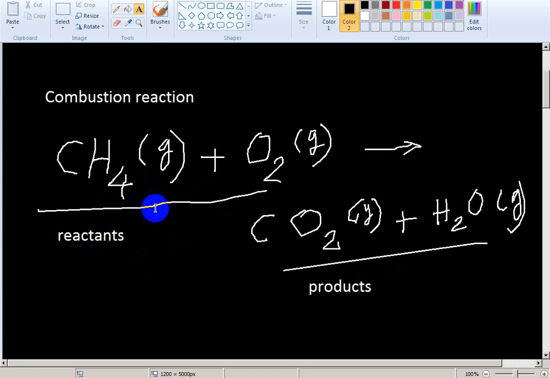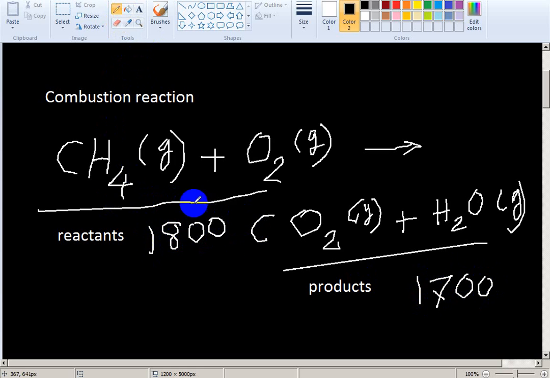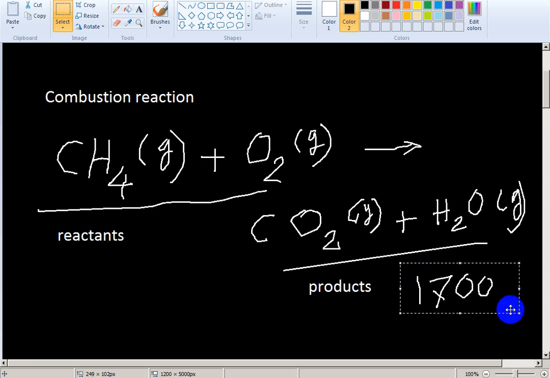Because the reactant energy is more than the product energy. Like here the reactant energy is 1800 kilojoules and the product energy is 1700 kilojoules. When reactants form products, the excess is 100 kilojoules. This 100 kilojoules is released to the surroundings. For these reasons, in an exothermic reaction, energy is released to the surroundings because the reactant energy is more than the product energy.